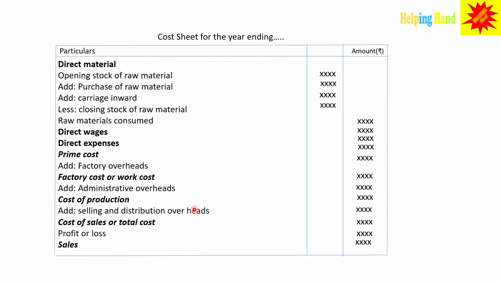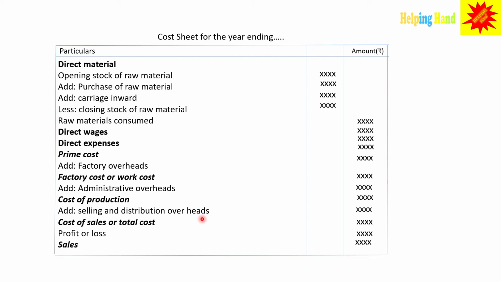To this cost of production, we add the various selling and distribution overheads. So what do you mean by selling and distribution overhead? Anything related to the sales of your goods. Any expenditure incurred, maybe for transporting the goods from one place to another, or for the purpose of selling directly.